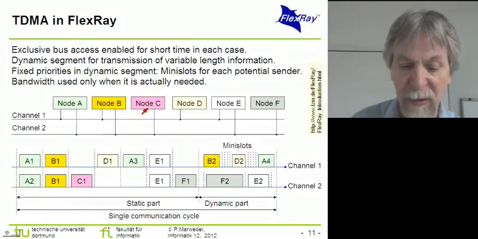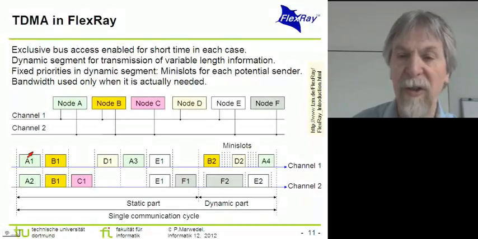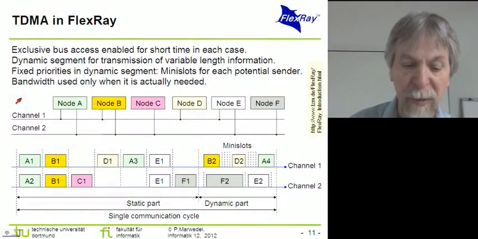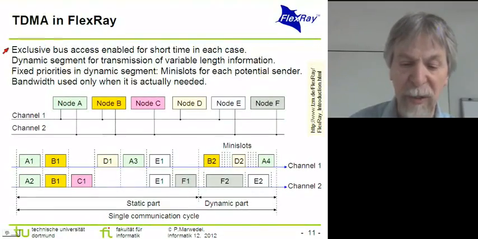of these channels. Now, for such a FlexRay system, there is an assigned communication time, or a so-called slot, for each of the nodes in the system. In each of these slots, exclusive bus access is provided for the corresponding partner.